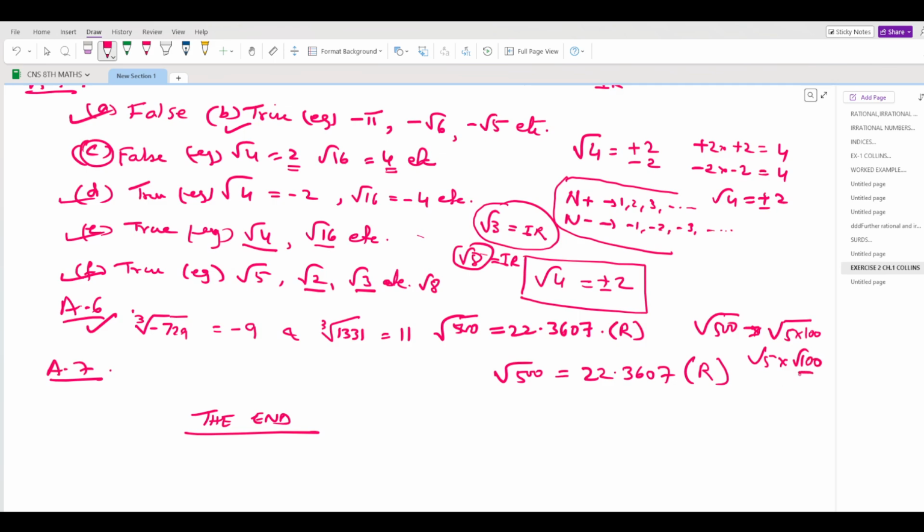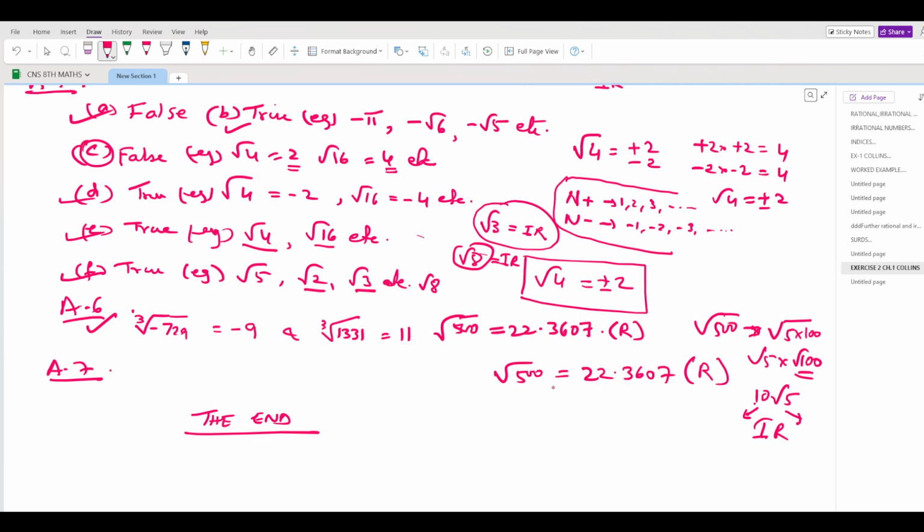Now root of 100 is 10, so this can be written as 10 root 5. Now 10 being a rational number, root 5 is an irrational number. So a rational number multiplied by an irrational number will be an irrational number. So actually it should be an irrational number, or maybe in my calculator 22.3607 is just a limited value given to me.